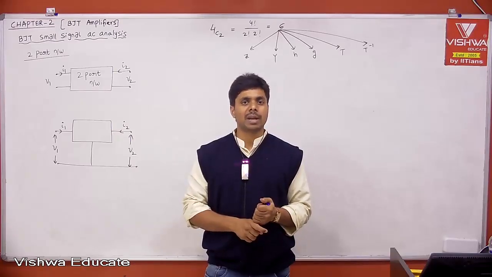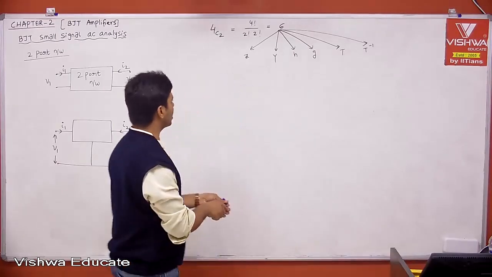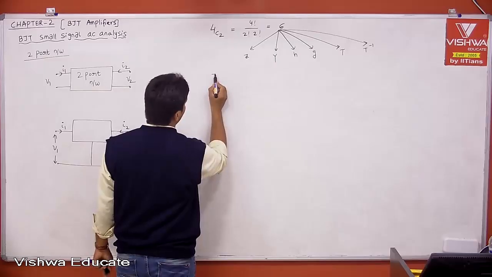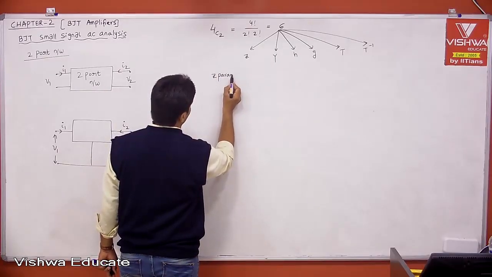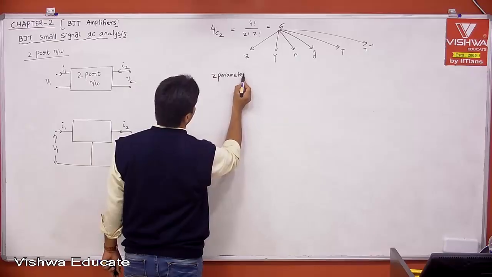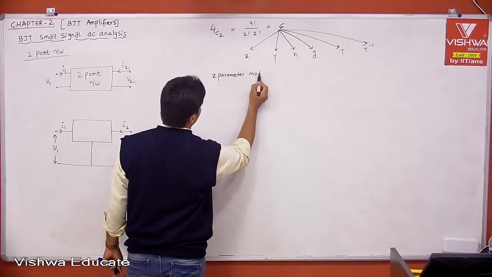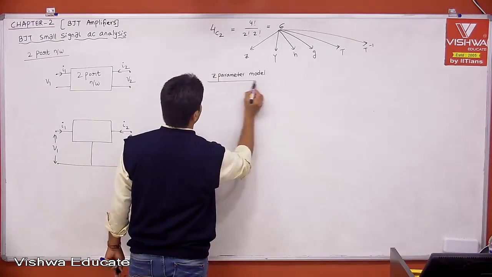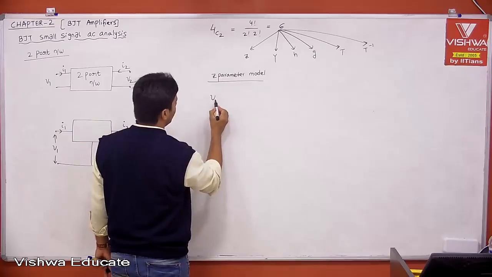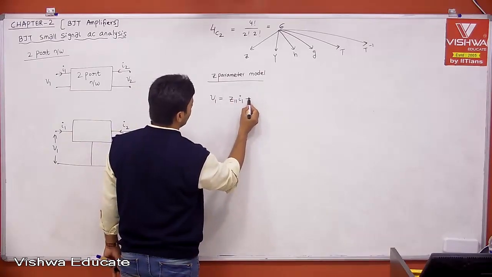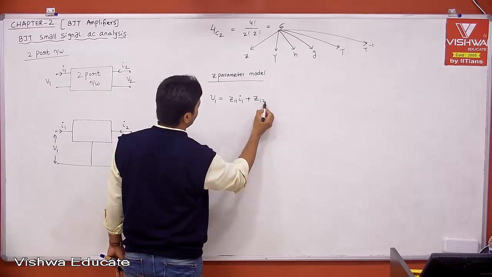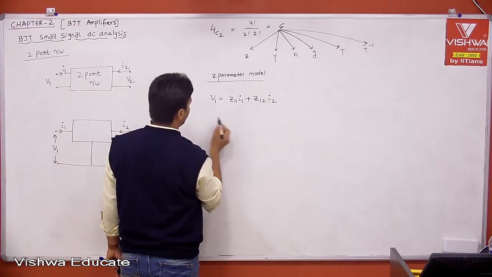Similarly, if you take the Z parameter model, just to explain, what is that? V1 is equal to Z11 into I1 plus Z12 into I2.